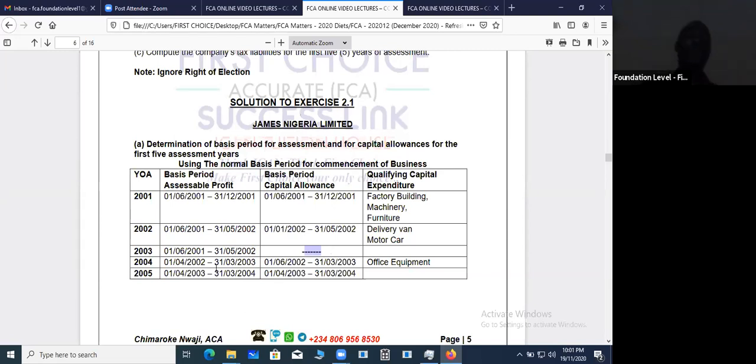Okay. Then for 2004, look at April 1, 2002. Of course, you can find April before May. So April and May are overlapped here. So this April does not qualify. But look at this 31st March 2003.